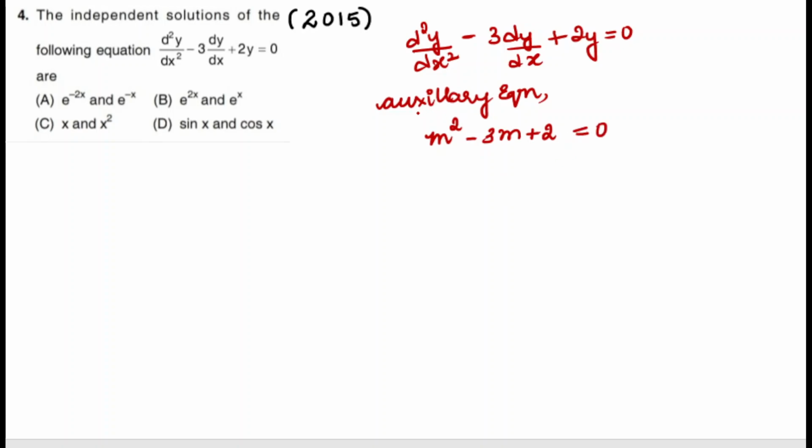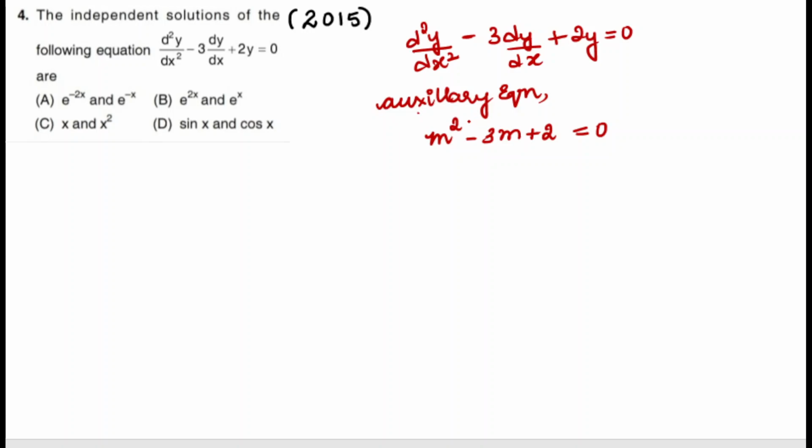This is my auxiliary equation from the given equation. Now it is converted into a quadratic equation, right? We can solve the quadratic equation, get the roots, and then substitute in the complementary function. The roots we get will be the independent solutions of the following equation.